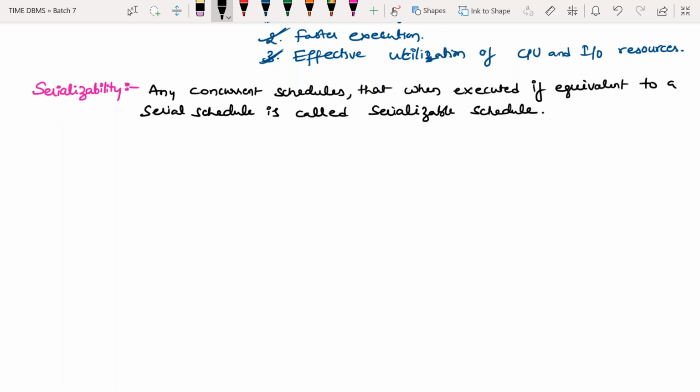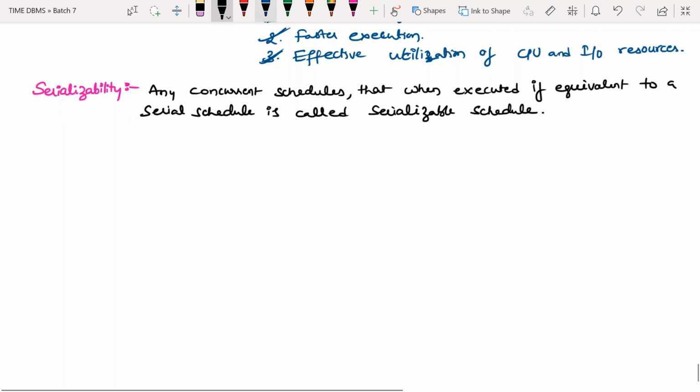Serializable here does not mean a serial schedule, but that the effect of the concurrent schedule is a serial schedule. Because the effect of the concurrent schedule is a serial schedule, we call it a serializable schedule. And you know that a serial schedule ensures correct state, so if the execution of the concurrent schedule is the same as a serial schedule, the concurrent schedule is also correct. That's why serializable schedules ensure consistency, because they are equal to serial schedules.